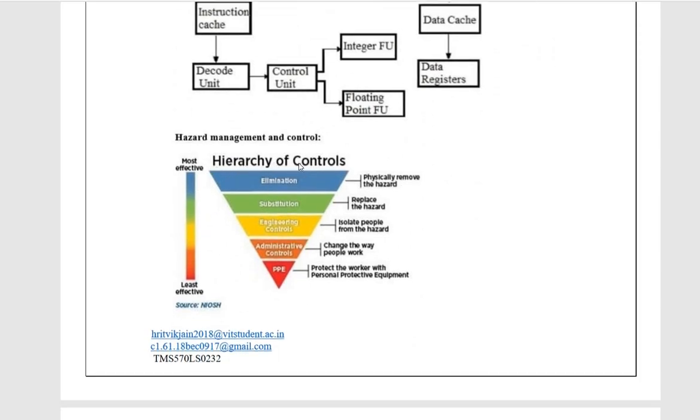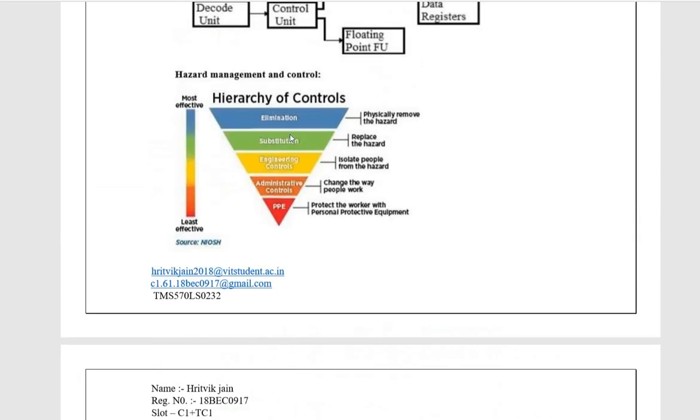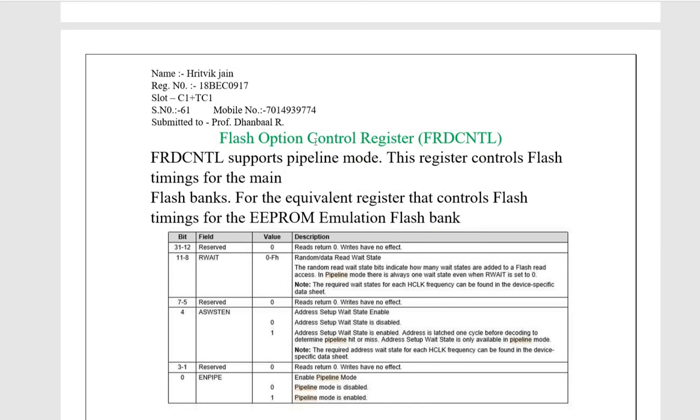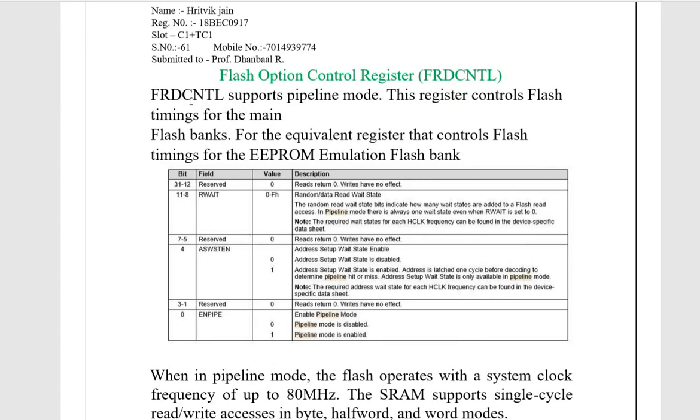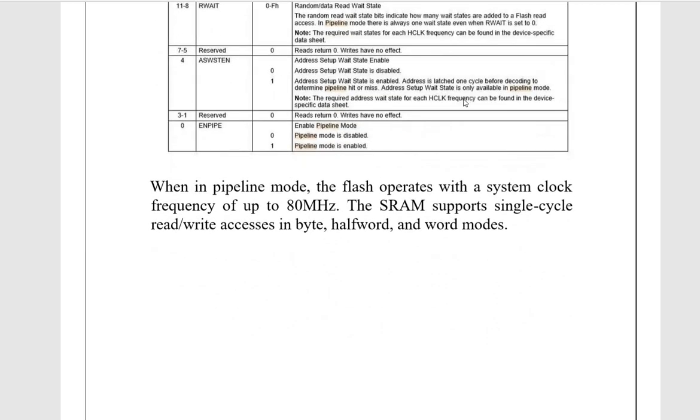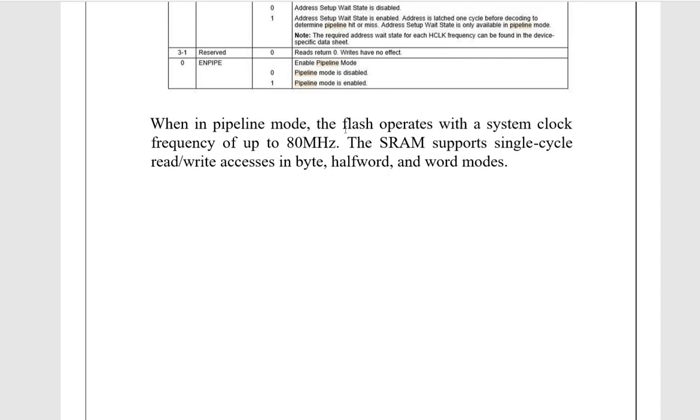And here is the hierarchy of control. There is the flash operation control register, FRDCNTL, which supports pipeline mode and controls flash timing for the main flash banks, and the equivalent register that controls flash timing of the EEPROM emulation flash bank. In pipeline mode the flash operates with a system clock frequency of up to 80 megahertz.